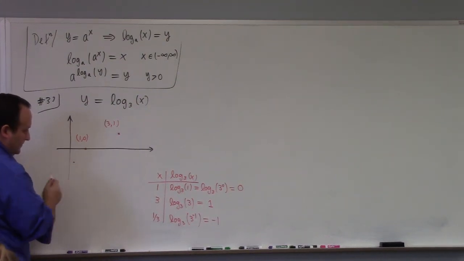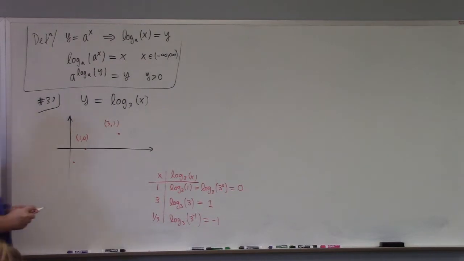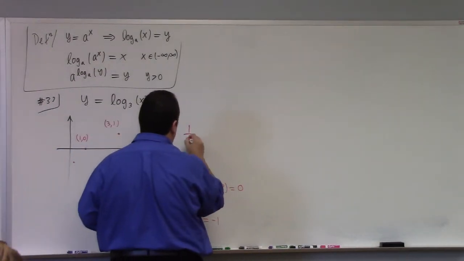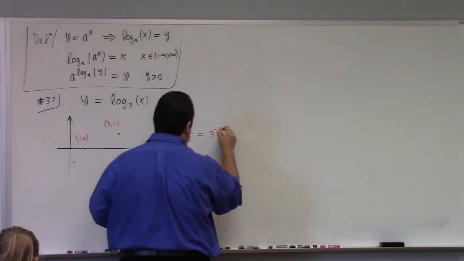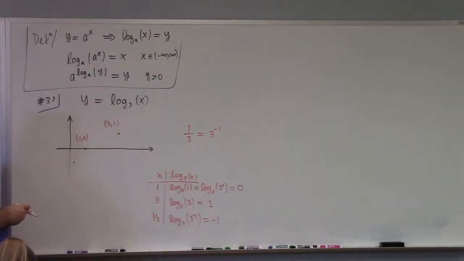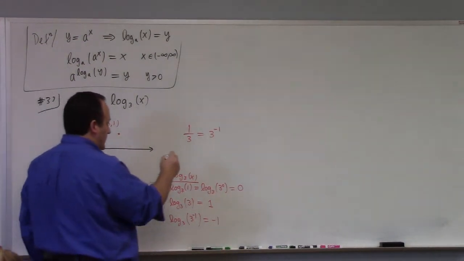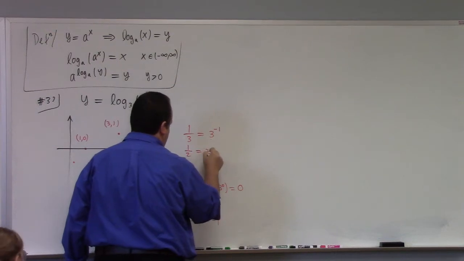Why would it be 3 to the minus 1? Because 1/3 equals 3 to the minus 1. So if it was 1/2, it'd be 2 to the minus 1? That is true, 1/2 would be 2 to the minus 1.